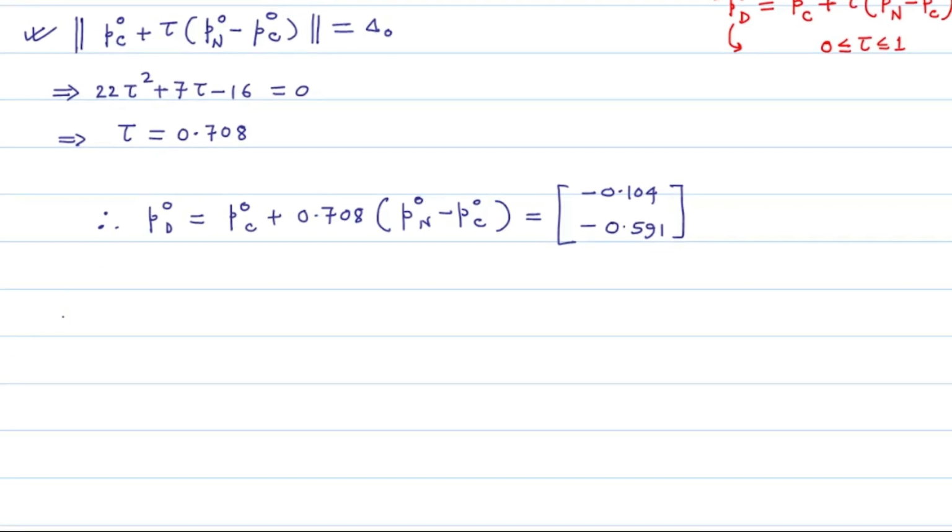After calculating the dogleg step, a trust-region step, we go for computing the reduction ratio value. The reduction ratio value will indicate whether to accept or reject this trust-region step to compute the next iterate. The reduction ratio value is the ratio of actual reduction and predicted reduction. Actual reduction value is equal to the difference f(x0) minus f(x0 + p_0^D).